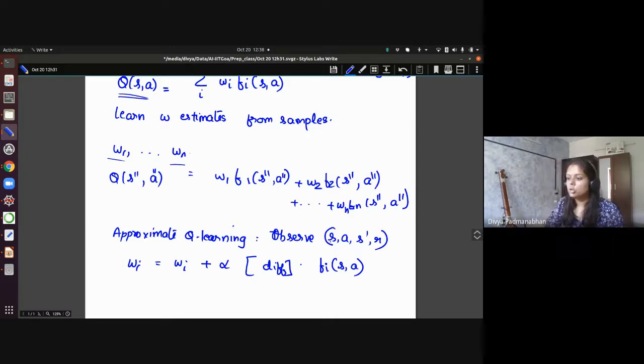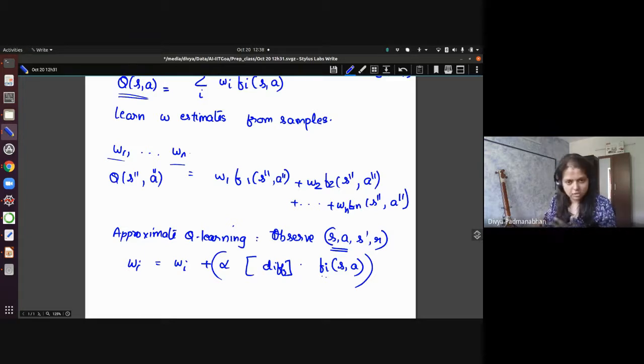And now you will update the weights. These weights are common. And you will weigh each update with a value of Fi, corresponding to whatever transition you saw. So this is one term: alpha times this difference times Fi.